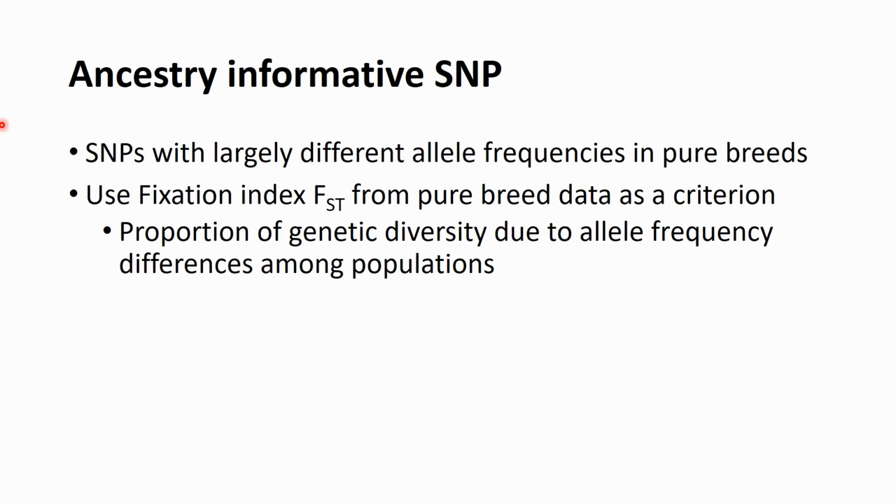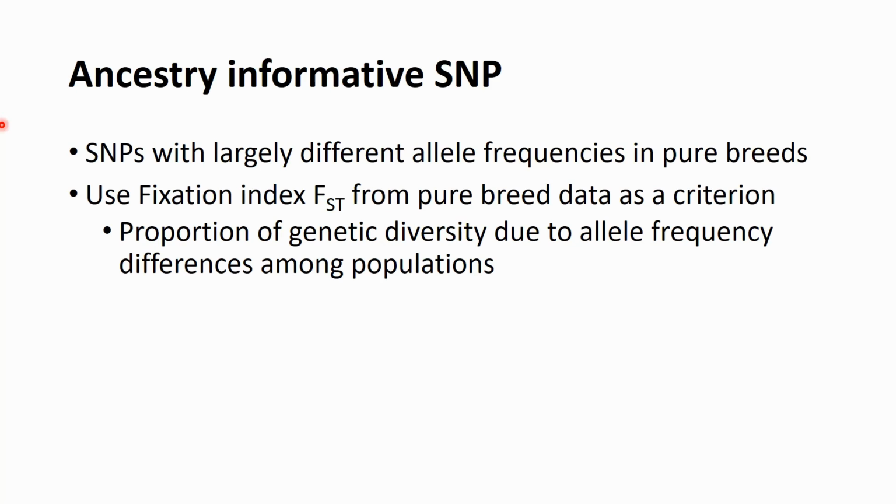You could use specific approaches, for example, the fixation index or FST, to select the SNPs that are the most different between the two populations. And by using these SNPs, you do a much better job compared to a situation when you just randomly select some SNPs.